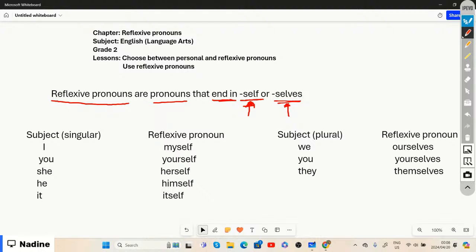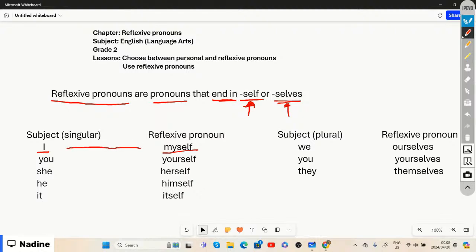So when we are talking about a singular subject and I refer to I, as in me, our reflexive pronoun is myself. Because if I am referring to I, which is me, I am referring to myself.